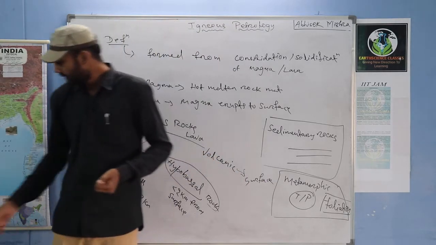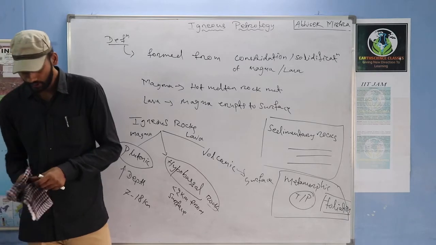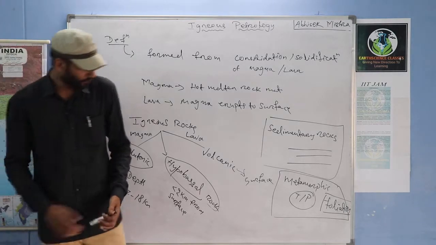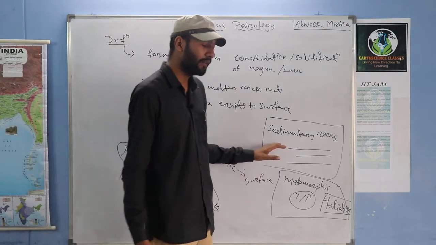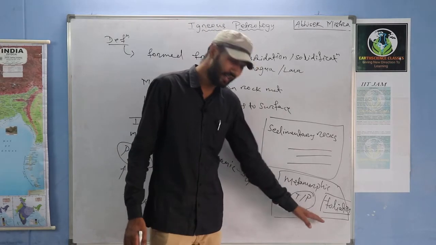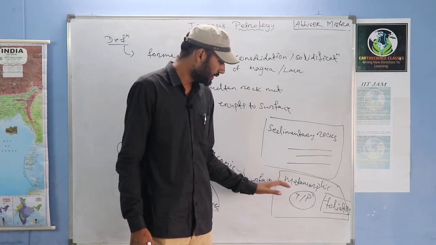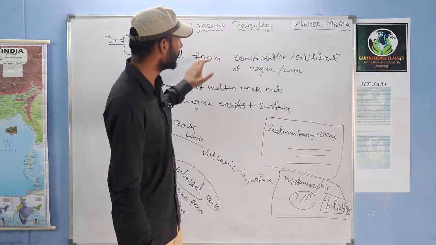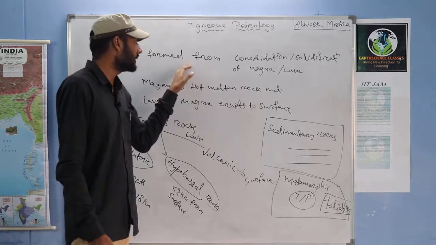What is foliation? These are planes. These are foliation planes. Like we are finding layers in sedimentary rocks, we are finding foliation planes in metamorphic rocks. But these two things are absent in igneous rocks.